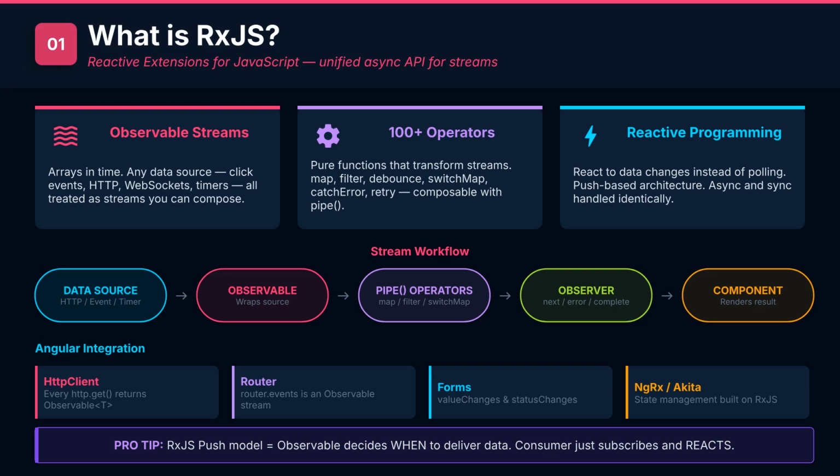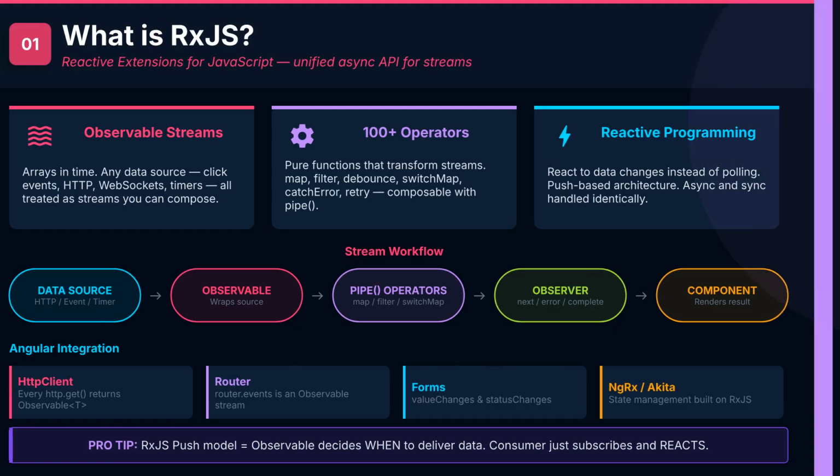It provides over 100 pure operators to transform these streams. Reactive programming allows us to react to data changes using a push-based architecture, where asynchronous and synchronous operations are handled identically. Angular heavily integrates RxJS for HTTP client, router events, forms, and state management solutions like NGRX.